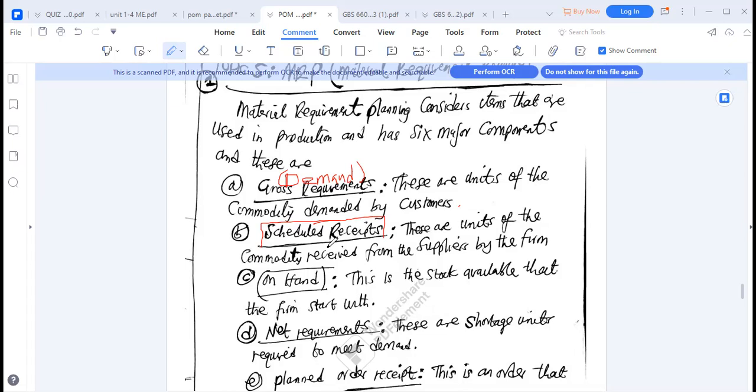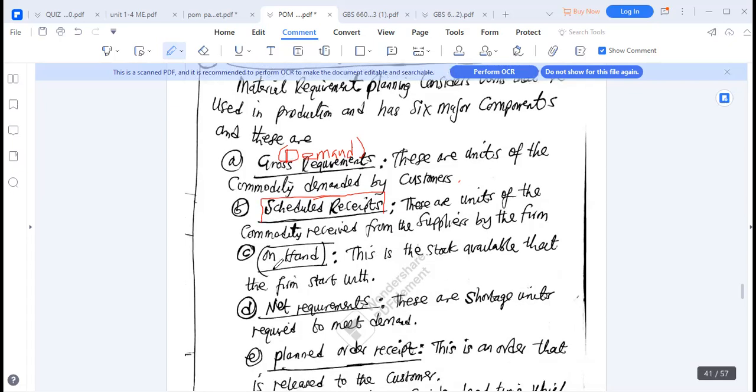You actually go and get scheduled receipts from the suppliers so that you can meet your demand. Or if you sell potatoes, you know that people are demanding more potatoes from you. You need to go to the suppliers and get more from them. The term used is scheduled receipts. These are units of the commodity that are received from the suppliers by the firm.